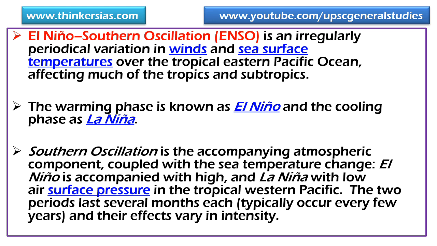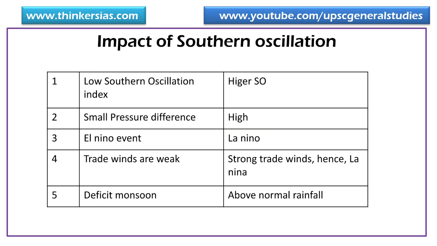El Nino is accompanied by high and La Nina by low air surface temperature in the tropical West Pacific. The two periods last several months each, which vary depending upon the geographical situations. The impacts of Southern Oscillation are rampant. A low Southern Oscillation index is the pressure difference between the western and central Pacific Ocean.